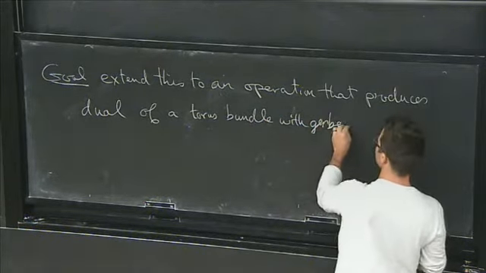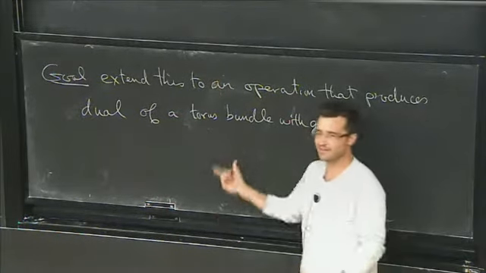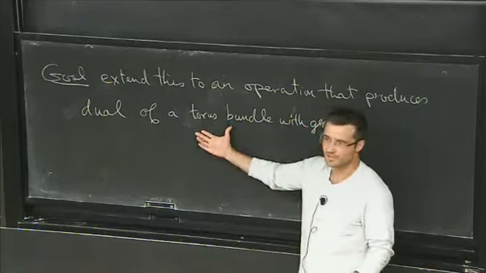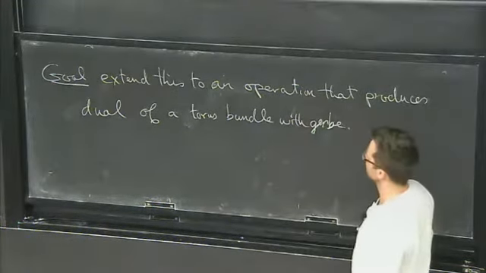If you don't know gerbes, you may get annoyed that people in T-duality always talk about gerbes, but they're necessary, because if you take the T-dual of a torus bundle without a gerbe, it's going to have a gerbe on the other side anyway. So it's not something that you can just ignore.